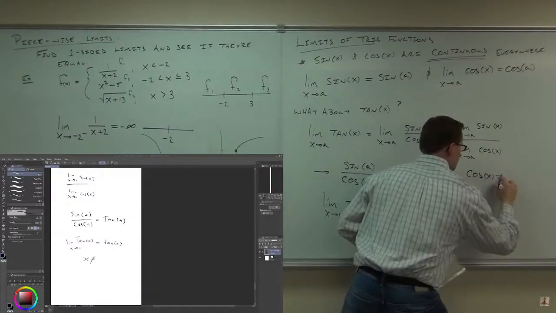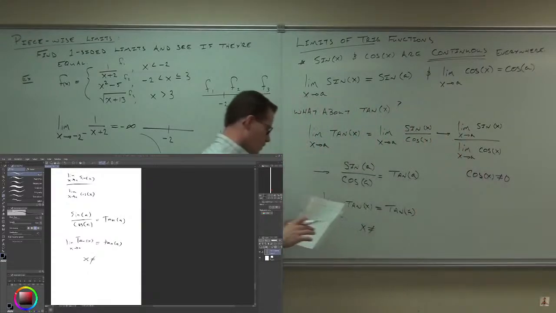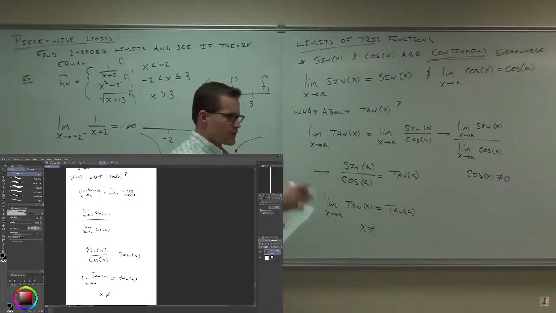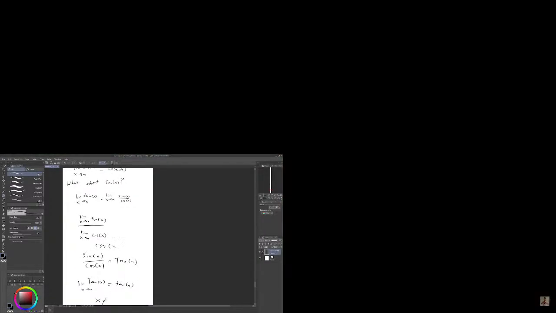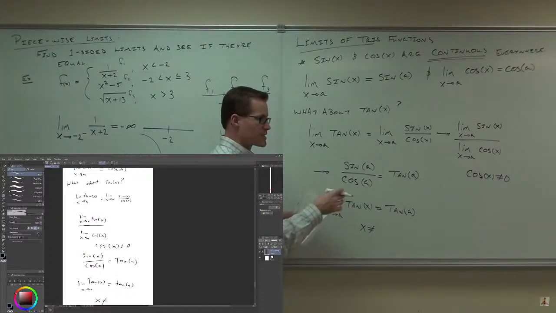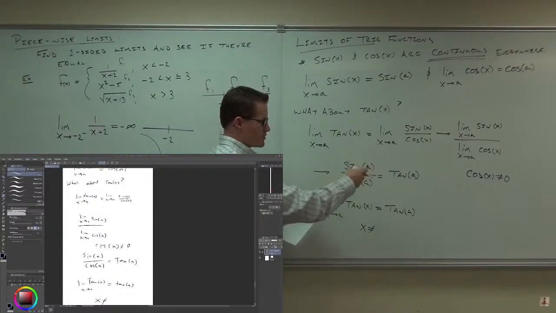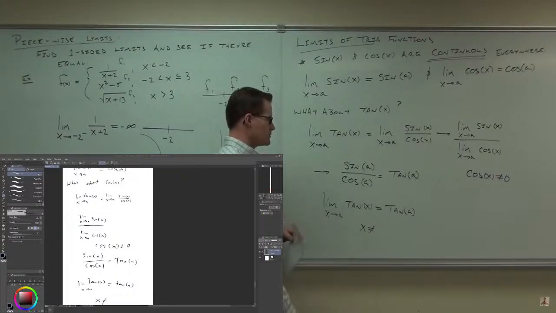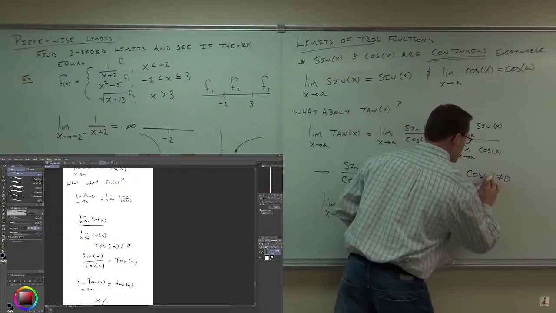Cosine x cannot equal 0. If it does, you have a problem. Where that happens is every plus and minus pi over 2, so pi over 2, 3 pi over 2, things like that. Cosine x can't equal 0, or cosine a, it really doesn't matter. Say cosine a, that makes a little more sense.